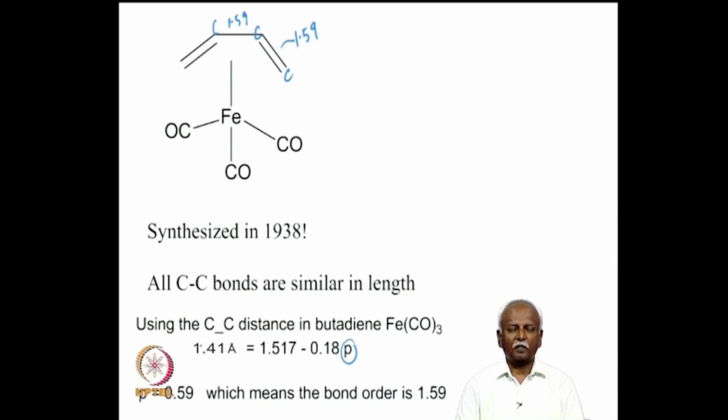So, how does this come about? If you remember the Dewar-Chatt-Duncanson model, the DCD model of bonding, which we discussed in detail earlier, you remove electron density from the pi orbitals of the butadiene and push it into the pi star orbitals of the butadiene. Let us take a look at the interactions that we discussed earlier.